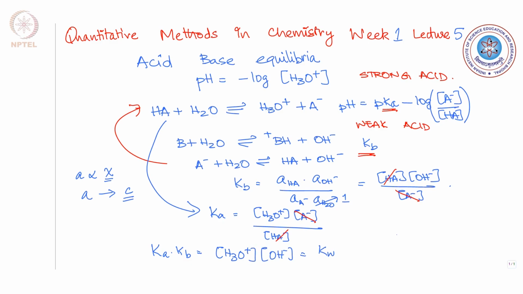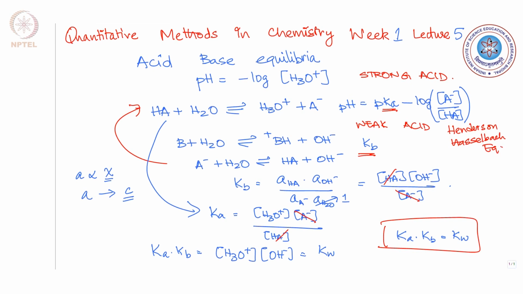So, for a given chemical, the product of Ka times its Kb is equal to Kw. Okay. So, let me also write the Henderson-Hasselbalch equation here. And of course, we know that Kw is 1 into 10 power minus 14 at 25 degrees Celsius.